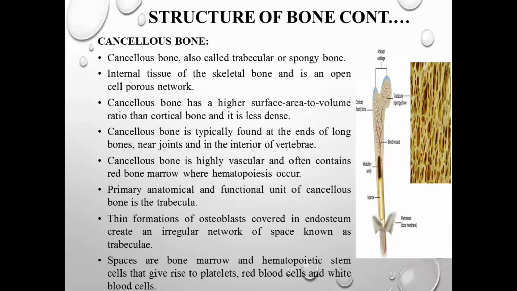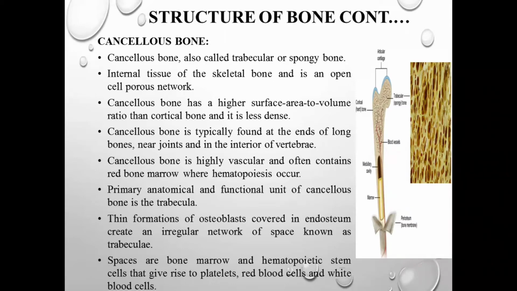Okay. The cancellous bone has a higher surface area to volume ratio than the cortical bone, and it is less dense. The cancellous bone is typically found at the end of the long bones near the joints and in the interior of the vertebrae. Okay. The cancellous bone is highly vascular and often contains red bone marrow where hematopoiesis occurs.